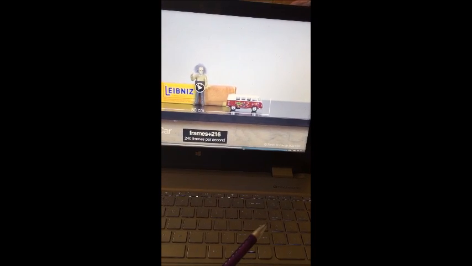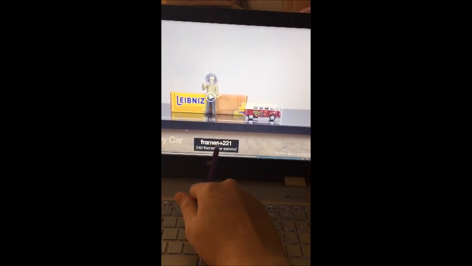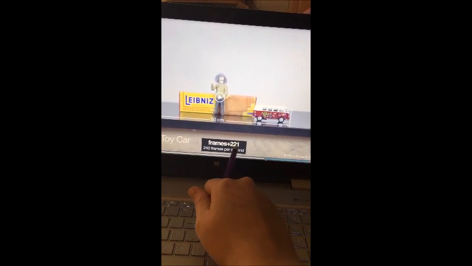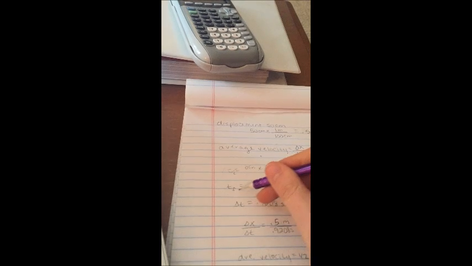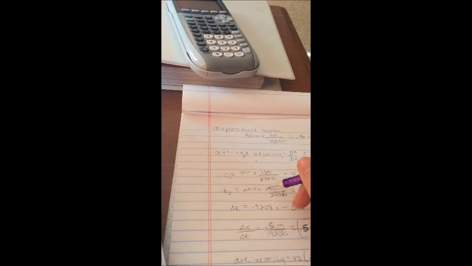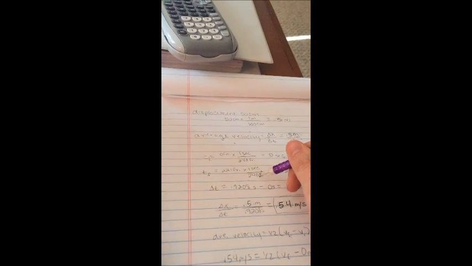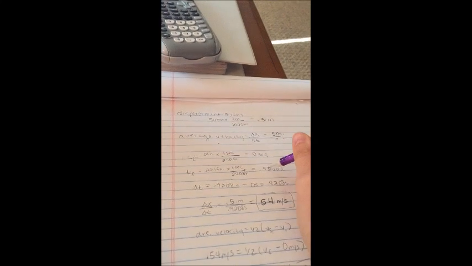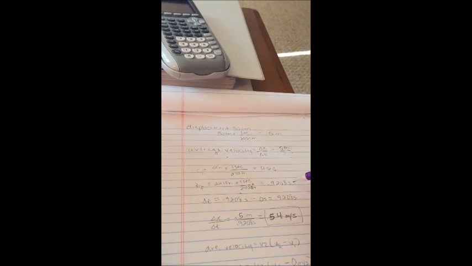The final time you can find by clicking to find when the toy car hits that line, which is there. As you can see, there are 221 frames at this point. So we would use time final equals 221 frames times 1 second over 240 frames, which equals 0.9208 seconds.